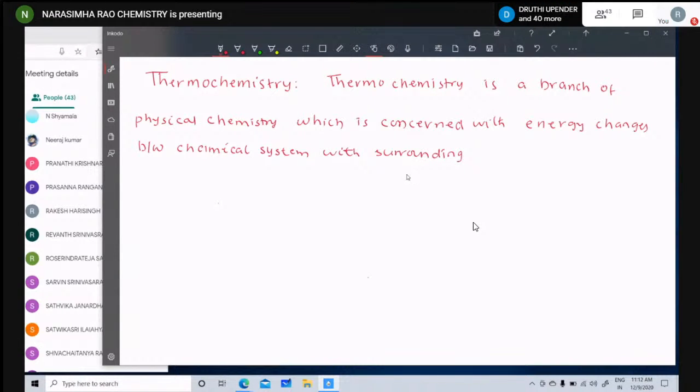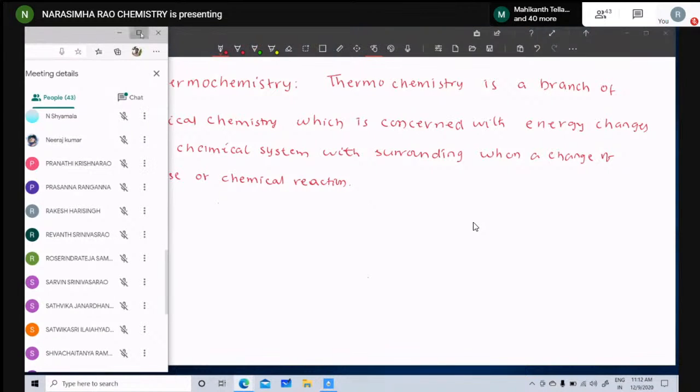When a change of phase or a chemical reaction takes place. It's clear, children, what it means? Just one second, write down meanwhile.